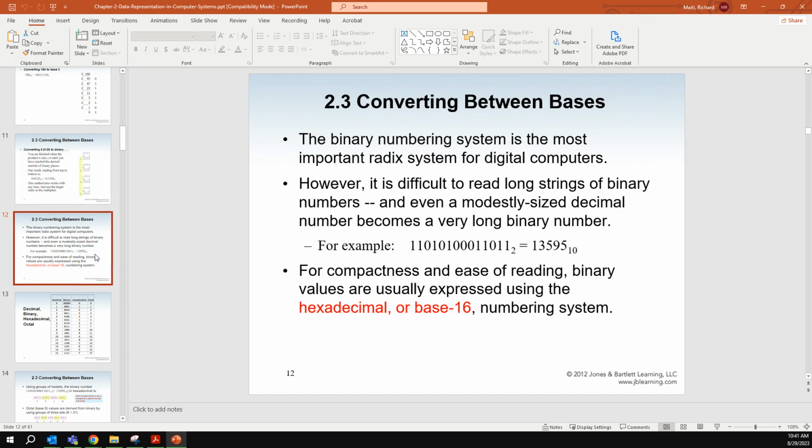So the binary numbering system is the most important radix system for digital computers. It is difficult to read long strings of binary numbers.